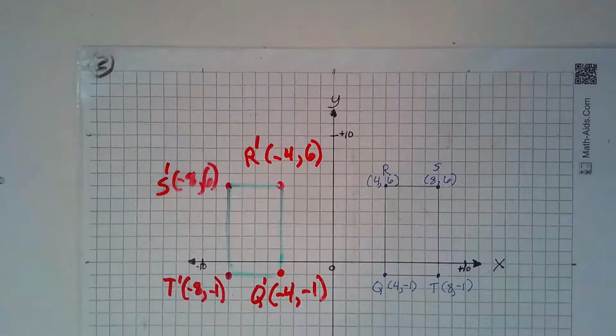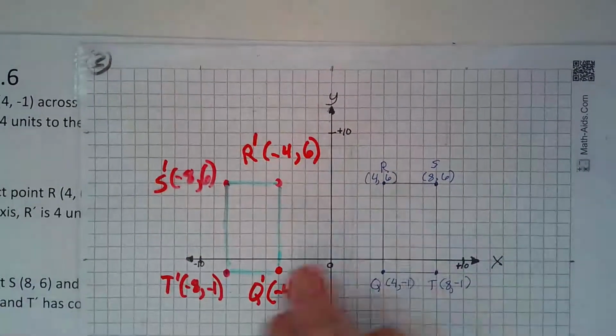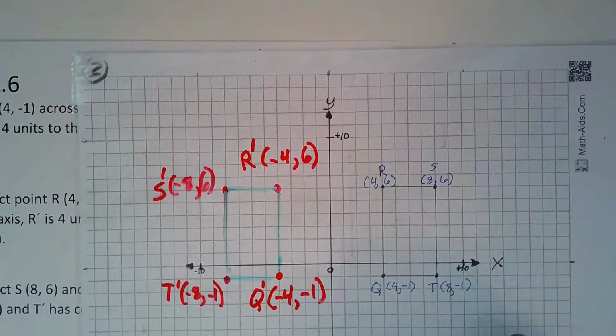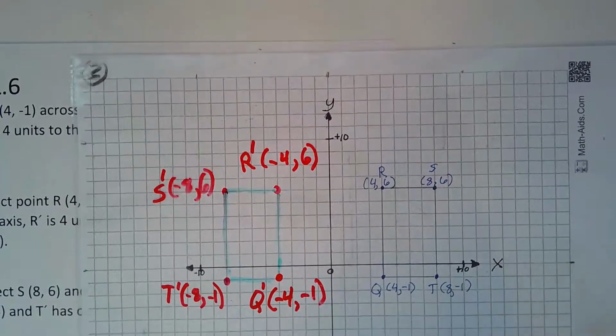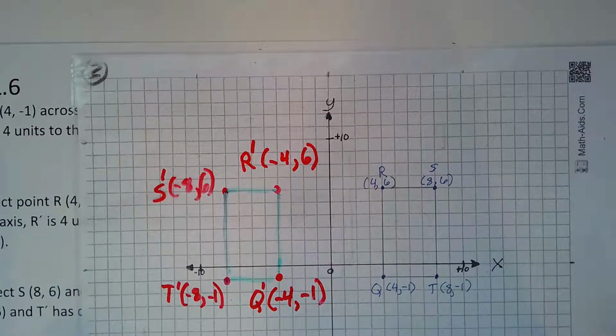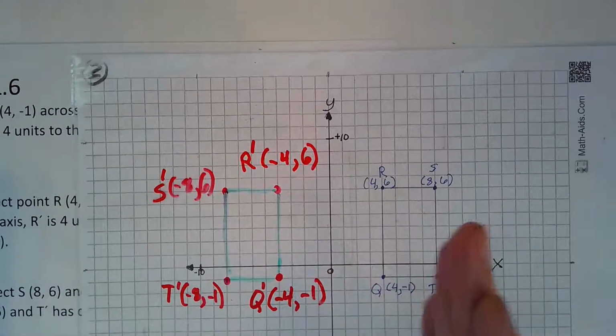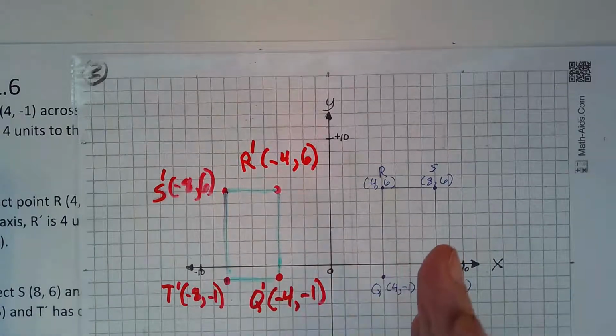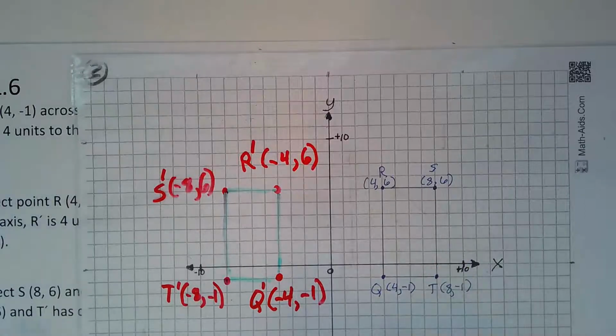Because remember, these are rigid transformations, and rigid transformations do not change the shape or size of the rectangle. Instead, of whatever the geometric figure is, they preserve the shape and size. So since it's preserved, these are congruent figures, and it's one way of proving congruency.